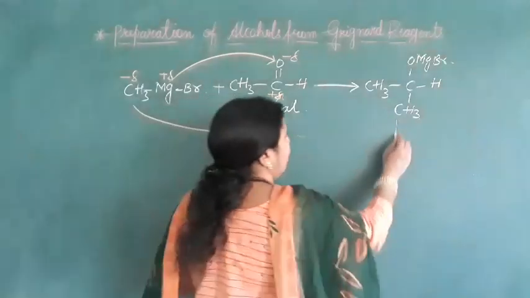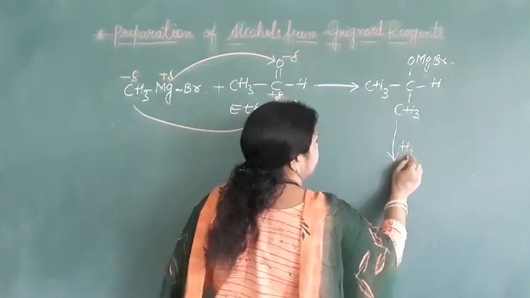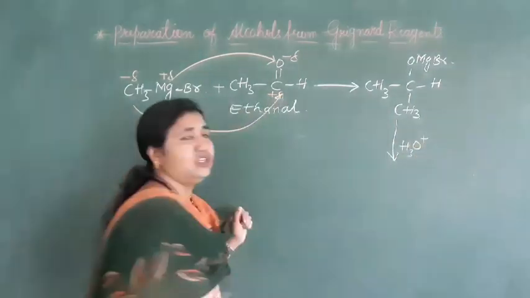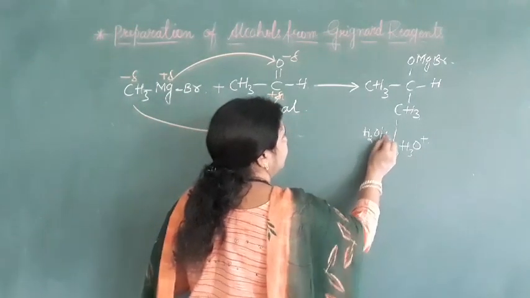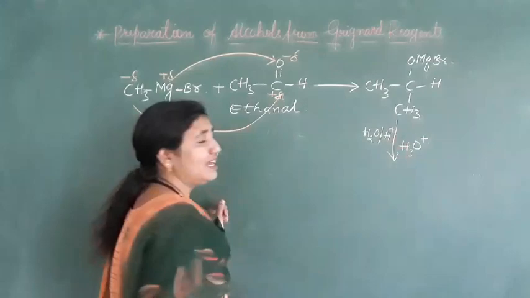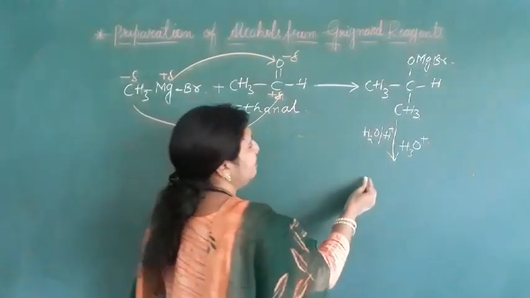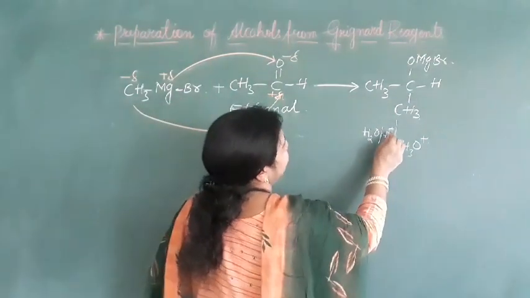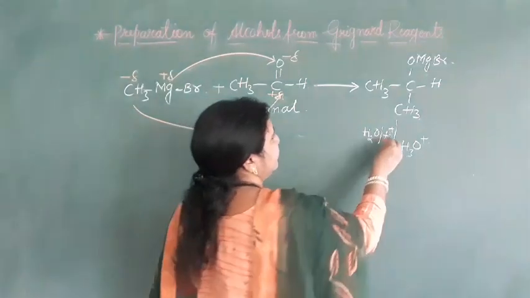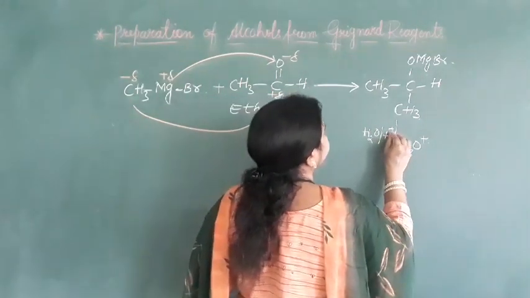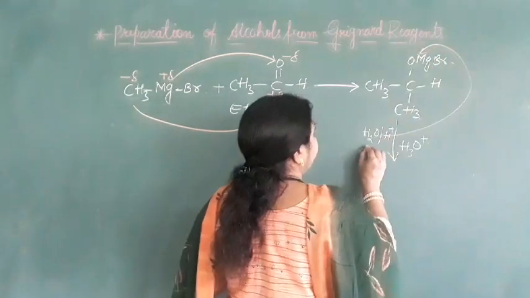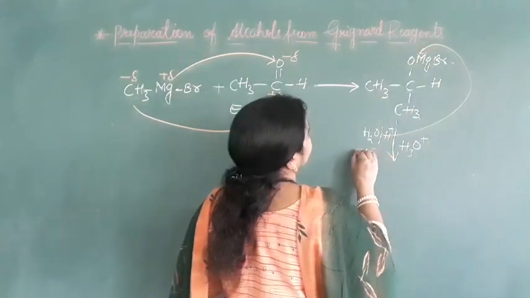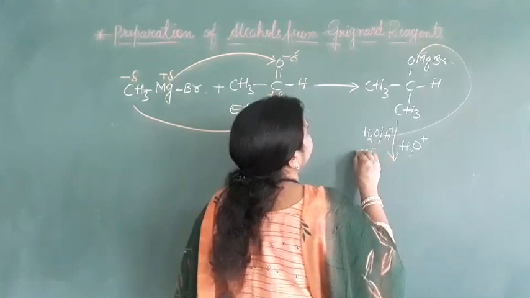Now this one, on hydrolysis, acidic hydrolysis, H3O plus, or sometimes H2O in the presence of H plus. Both are correct. So we are getting what here? Now this H plus will go with this oxygen, and OH minus will go with this MgBr here.